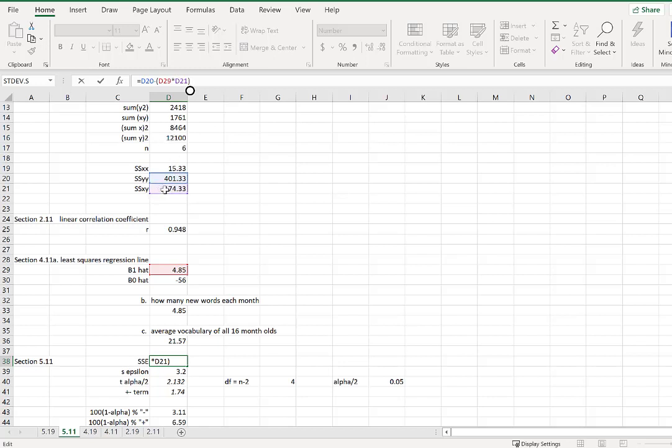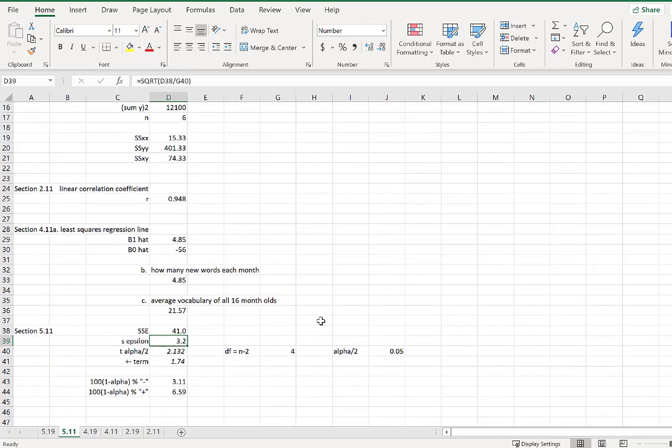Okay, so yes, I've got that in there, right? So we've got our sum of the square of errors. That one's calculated at 41. And if we continue looking at what we need in addition, we need to calculate our S epsilon, which was our sample standard deviation of errors. In that, we're taking our sum of the squared errors and taking the square root of that divided by the n minus 2, which happens to be the degrees of freedom.